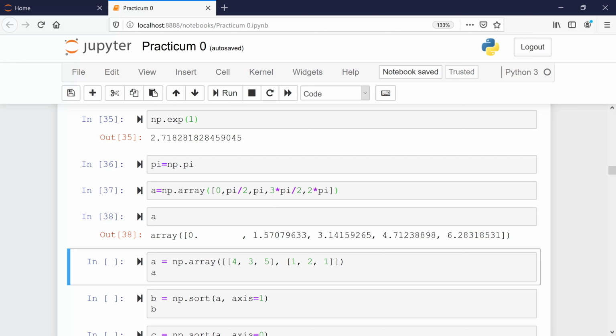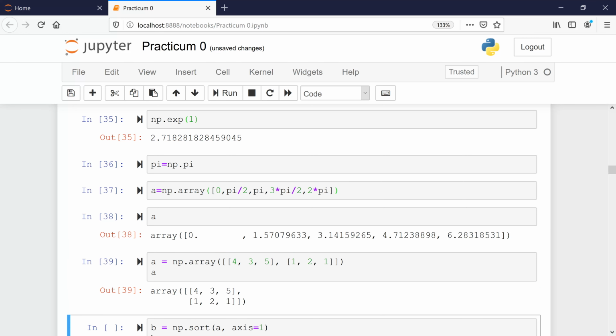And we can define matrices in numpy, but we enter them line by line. Okay, so now A is a matrix whose first line is 4, 3, 5. Okay, but note the brackets are very important. So you may have errors in the beginning, so pay attention.